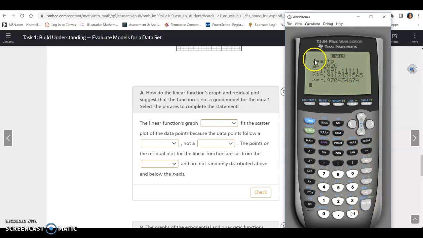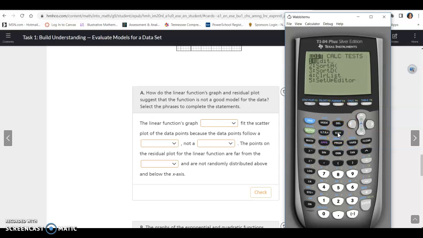It will calculate your A and your B. So y equals ax plus b is your standard equation. All you would have to do is plug in A and B. This shows you that your r is negative 0.97, r squared is 0.94. All right, so it's not terrible, but it's not really the best model, as we've already seen.